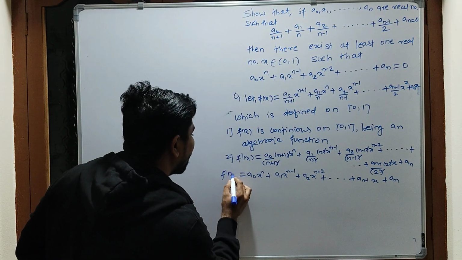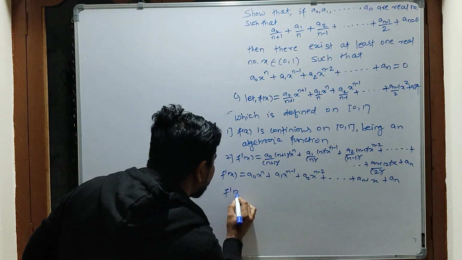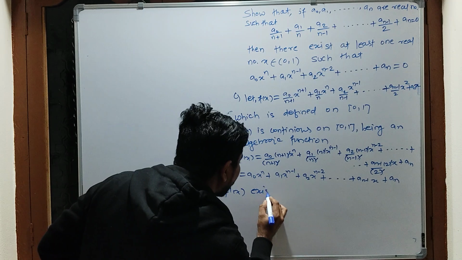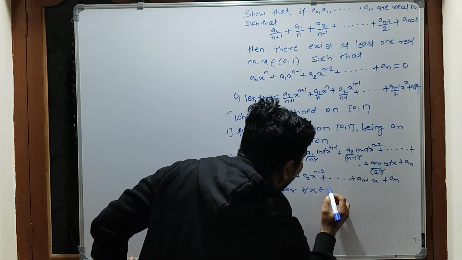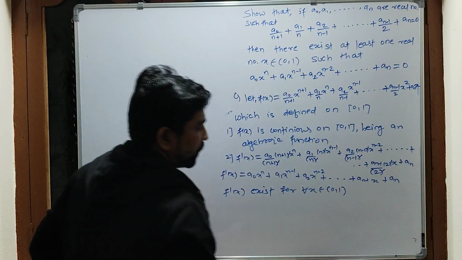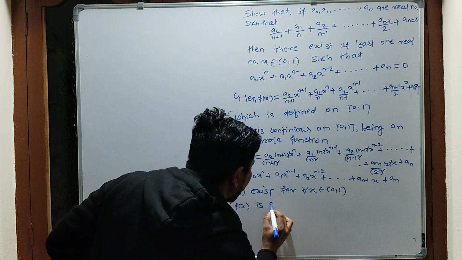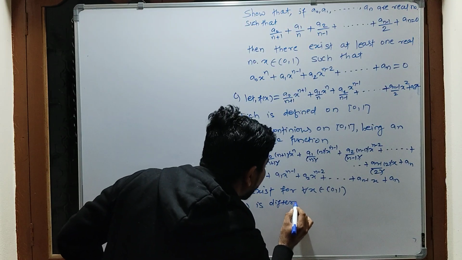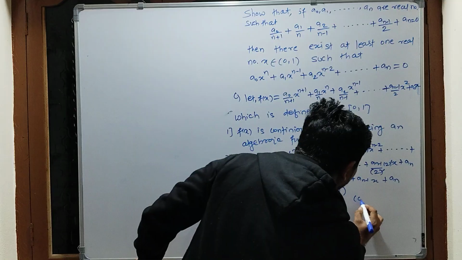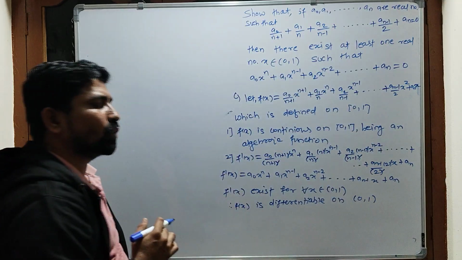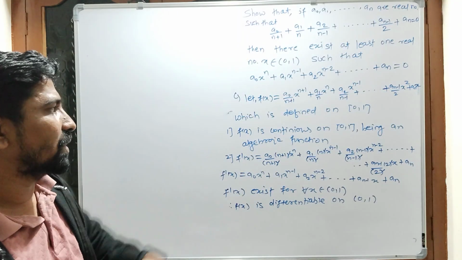This means that f dash of x exists for all x belonging to the open interval 0 to 1. Therefore f of x is differentiable on the open interval 0 to 1. So the second condition of Rolle's theorem is also satisfied by this function.